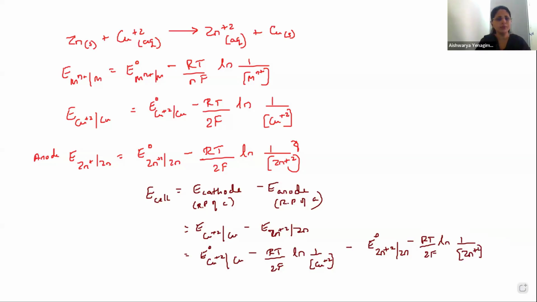Now further you solve. So how will we solve it? E cell is equal to E naught Cu plus 2 bar Cu minus E naught Zn plus 2 bar Zn. I'll take this to one side. Minus RT by 2F is common.